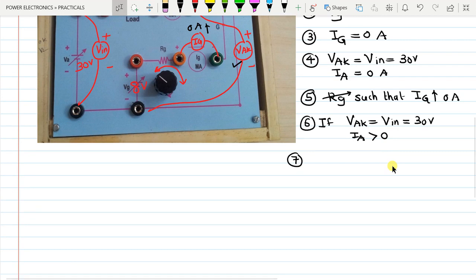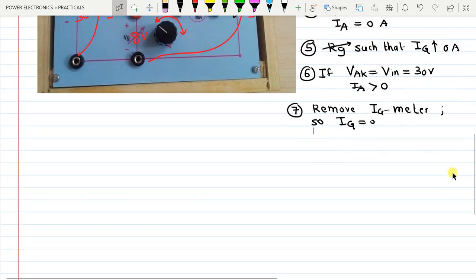That is, remove the IG meter. So IG becomes equal to 0.